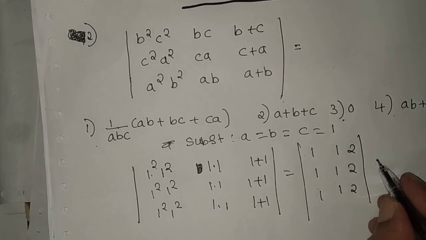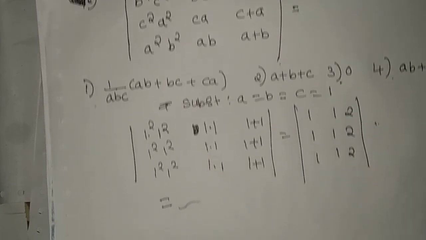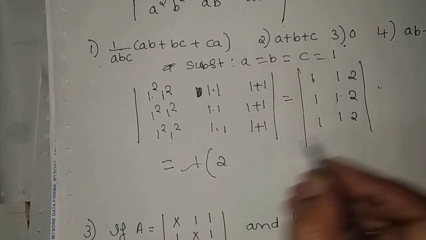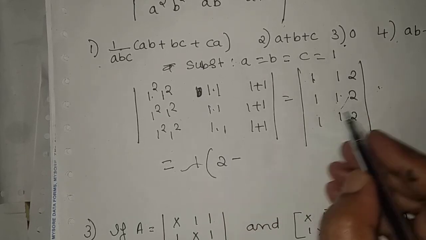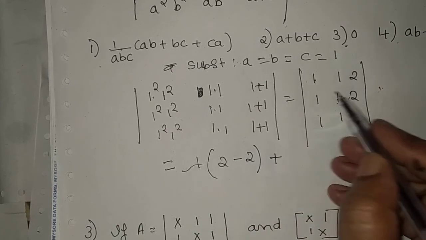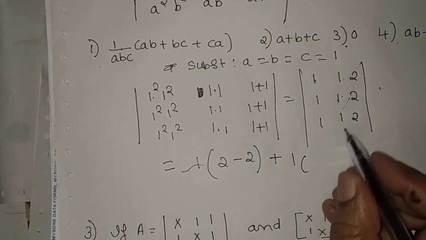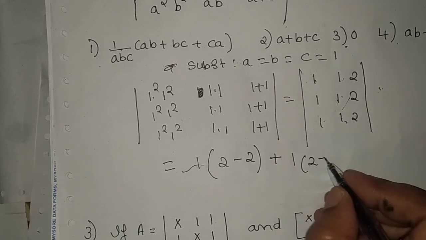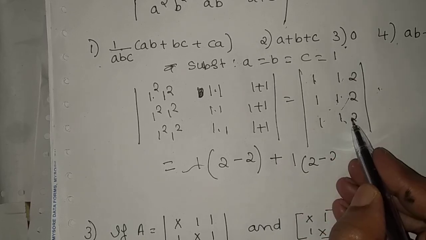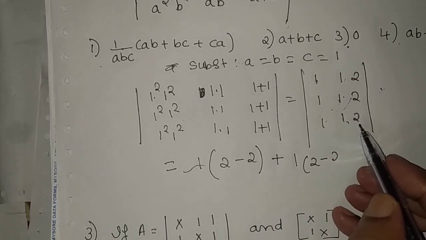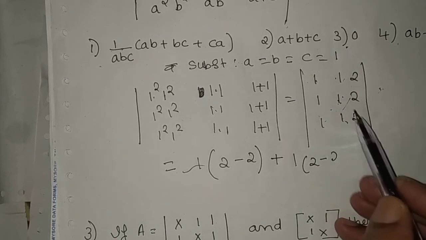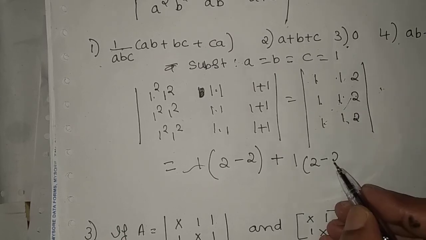Now just we have to solve this. This one is, that is 1 into, keep 1, 2 into 2, 1 into 2, 2 into 1, then plus this one, again keep 1, then 2 into 1, 2, 2 into 1, 2. So here is, that is 1, keep common, then 2 into 2, then 2 into 2.